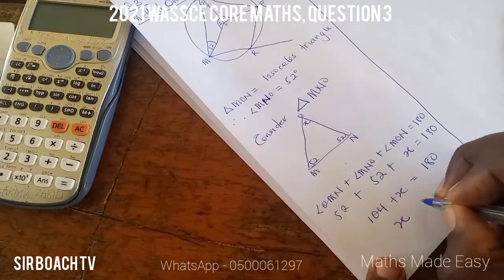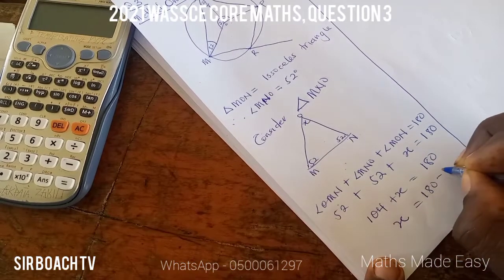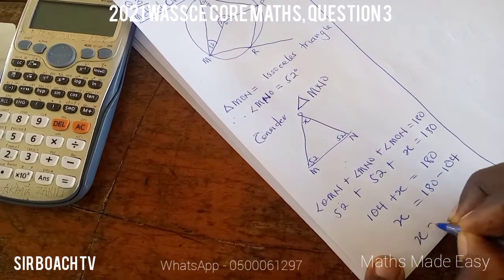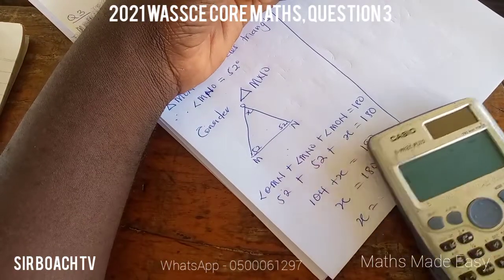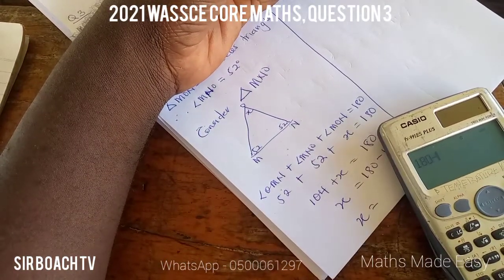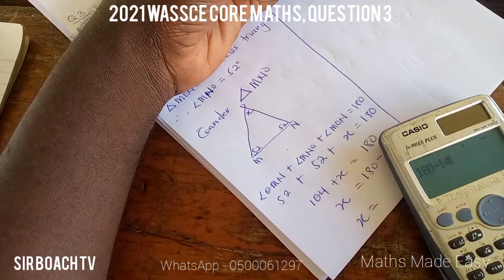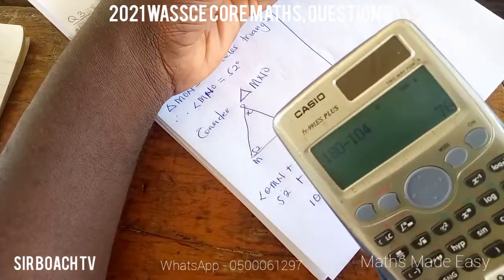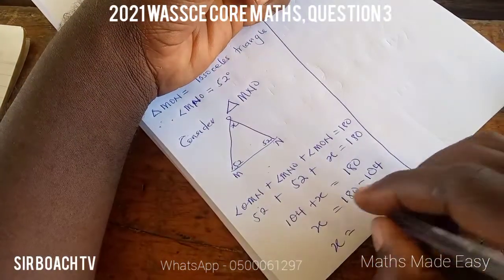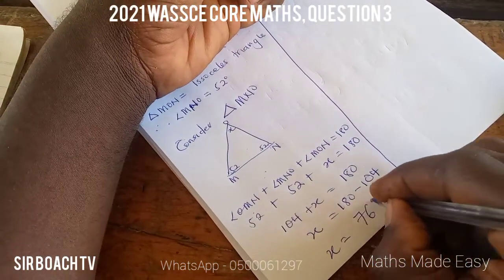Then we are going to get x equals 180 minus 104. So our x will be equal to 180 minus 104, and from the calculator, we are getting 76 degrees.